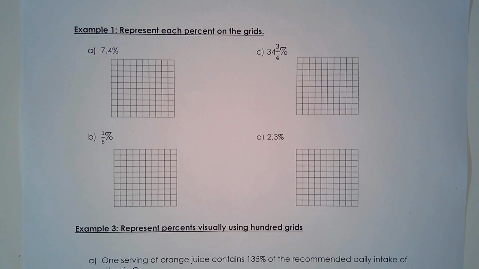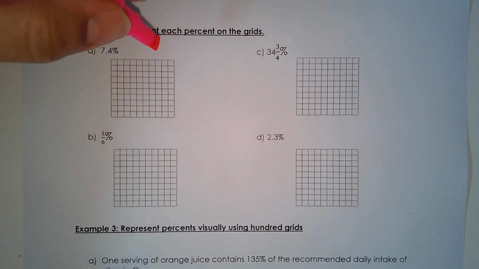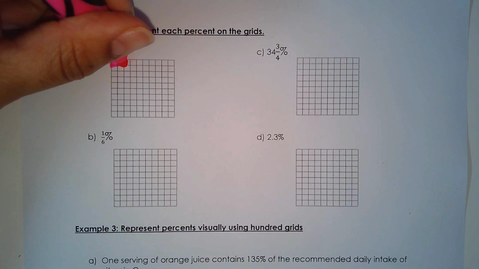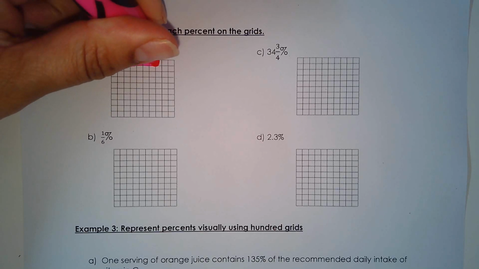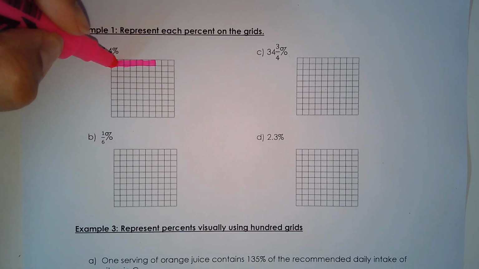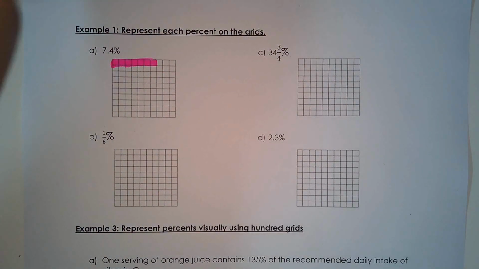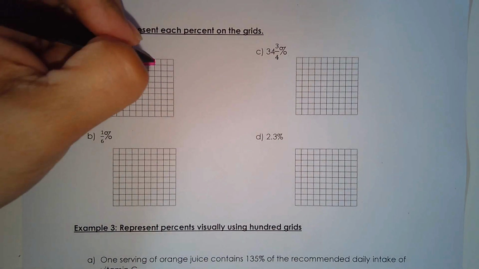Okay, so on the third page now, let's get into some representing percentages on grids. So the first one is 7.4%. So this is a fractional percent between 1 and 100. So we would shade 7. And then we need to represent 0.4.